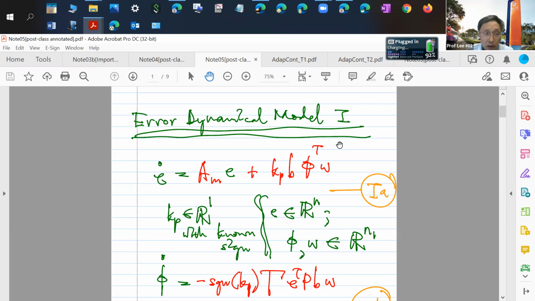You will see that if you are able to very intelligently use all of these so-called error models, based on them you can begin to build on it and handle much more difficult adaptive systems. But basically, they are still built on these very fundamental ideas.